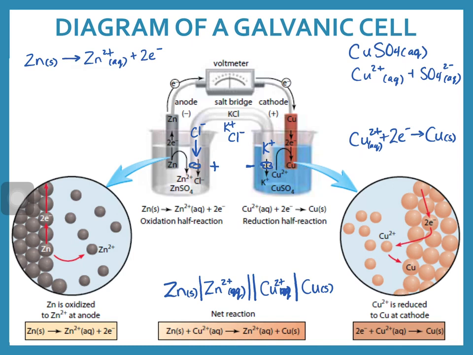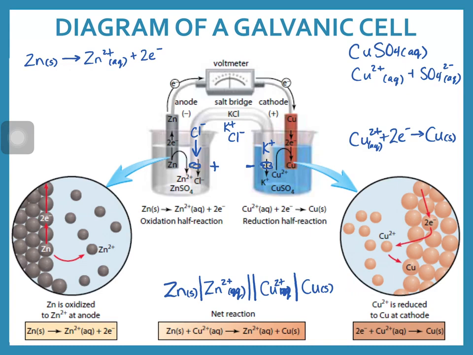Okay, so let's take a look at an example of how we do this. And actually, one thing that I forgot to mention, so we have 2 electrodes, one where oxidation is happening and one where reduction is happening. And the electrodes actually have specific names. So similar to ions, when one is positively charged and one is negatively charged, we have different names. An ion is anything that is charged, which can be a gain or loss of electrons. Anions are negatively charged ions, and cations are positively charged ions.